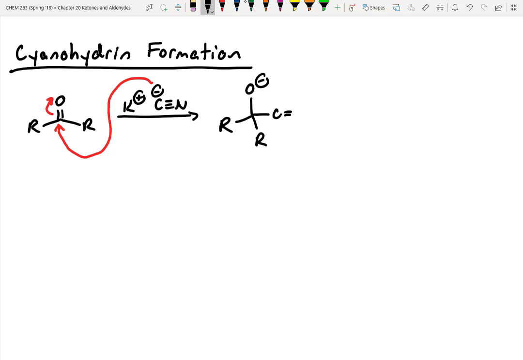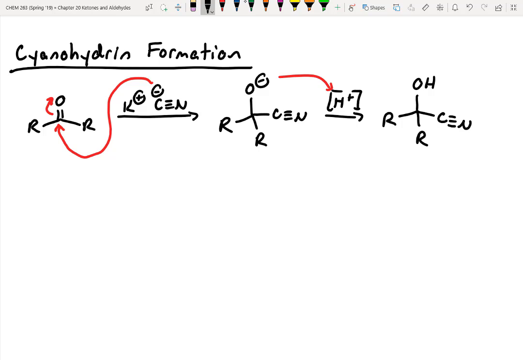All right. So now we've got this nitrile added in. Just like before, we're going to protonate it using some sort of acid after that step, so through some sort of workup. And we're getting there.